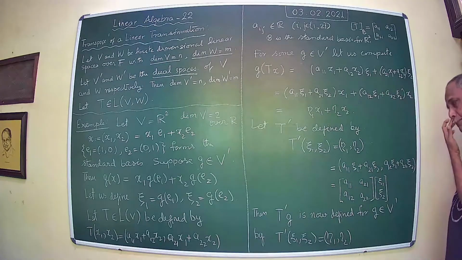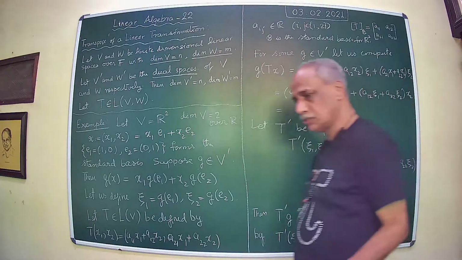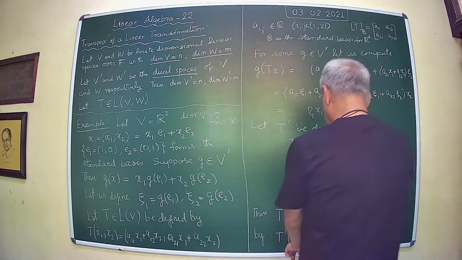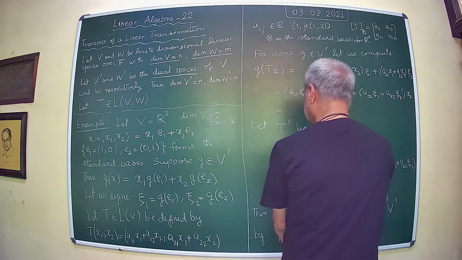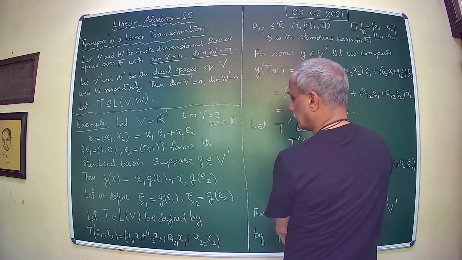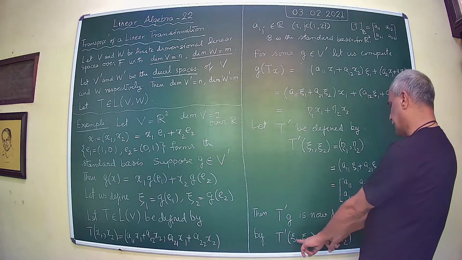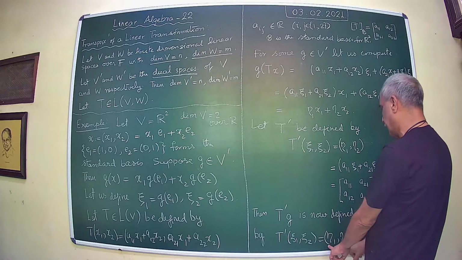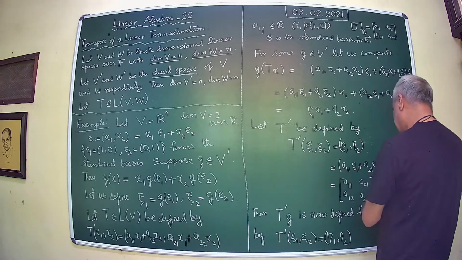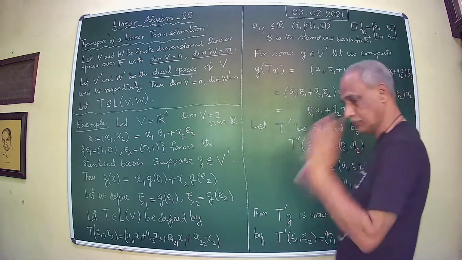And this is true for each psi 1, psi 2 that you see: psi 1, psi 2 actually fixes G, and its image under T prime is taken as eta 1, eta 2, where it is determined in terms of psi 1 and psi 2.